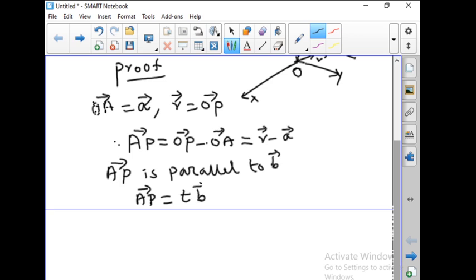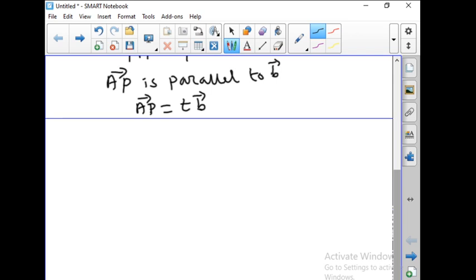That is, one vector can be written as a scalar multiple of the other when two vectors are parallel. So AP is equal to t b. What is AP? It is r minus a, that is OP minus OA. So r minus a is equal to t b, therefore r is equal to a plus t b.